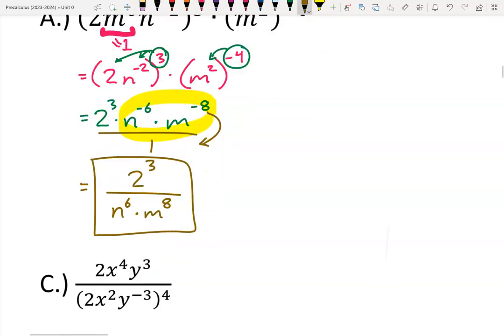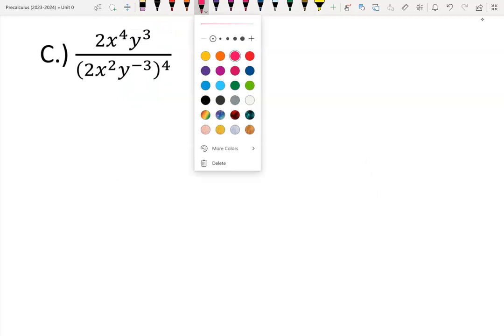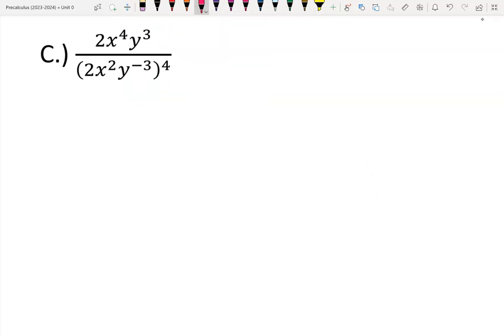So I said I'd go ahead and do C, so let's look at C. All right, so here we have, and let's look at each side of the fraction individually. In the numerator, I have 2x to the 4th, y to the 3rd. Can't do anything there. Down the bottom, I have (2x squared, y to the negative 3rd) to the 4th.